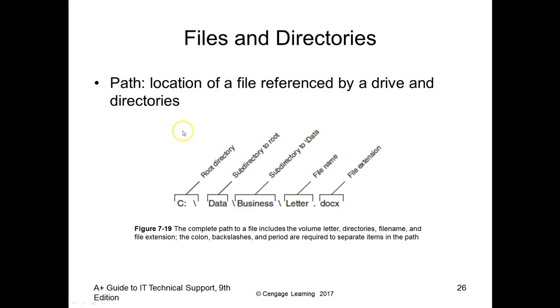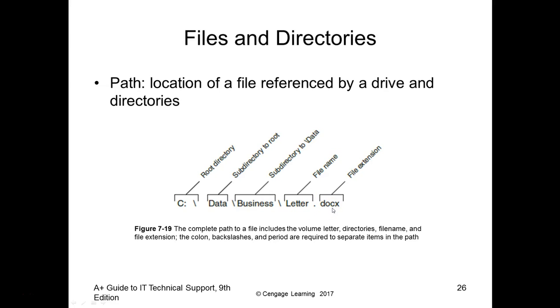So in this example, we start with the root directory here. That's your C. From there, you have a subdirectory called data. You have another subdirectory called business, and within that folder, you have a file named letter. And then you have the file extension itself.